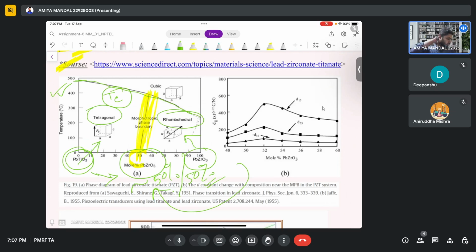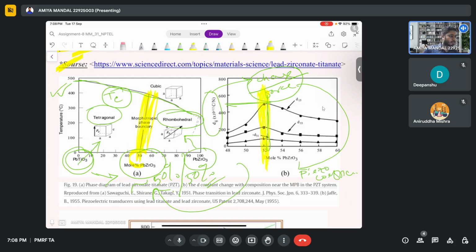Based on this, the d33 value, which is Coulomb per Newton, charge per unit force, is the piezo coefficient. This piezoelectric constant is also high at this 50-50 percentage.